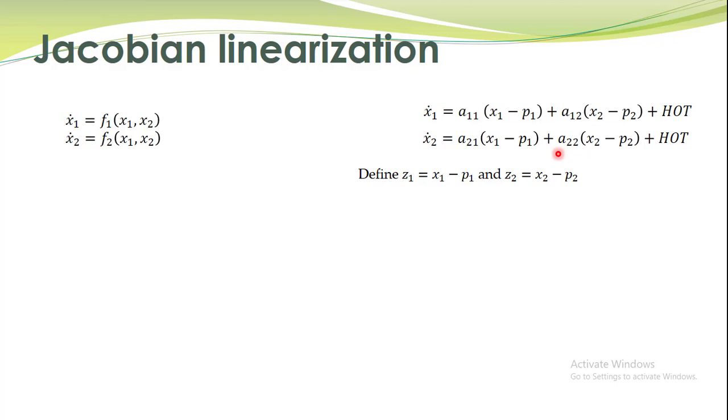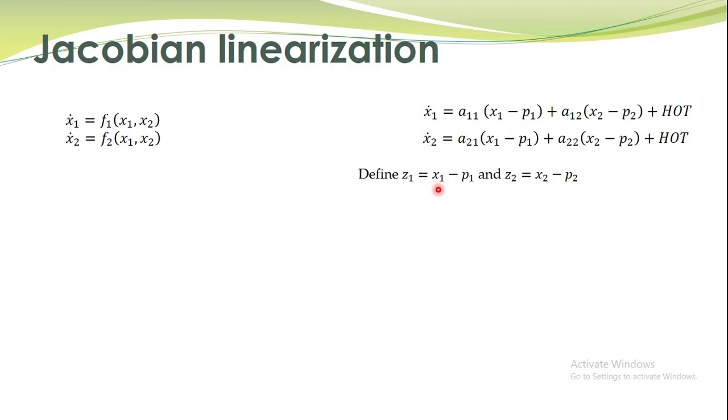We are interested in the near equilibrium point behavior of this nonlinear system. So let's define new state variables z1 equal to x1 minus p1 and z2 equal to x2 minus p2. With this definition, what will be z1 dot? z1 dot will be equal to x1 dot. P is some constant, its derivative will be 0.